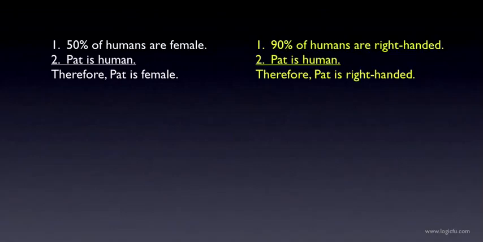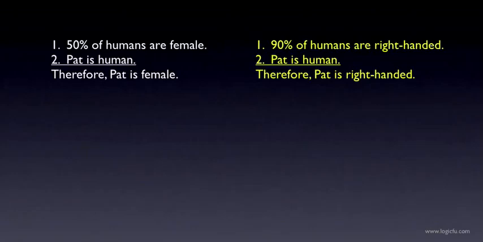This is an example of an argument that does not satisfy the logic condition. Now take a look at this argument. 90% of humans are right-handed. Pat is human, therefore Pat is right-handed. This argument is different. In this case, the premises make it very likely, 90% likely, that the conclusion is true. They don't guarantee that Pat is right-handed, but we might still want to say that they provide good reasons to think that Pat is right-handed.